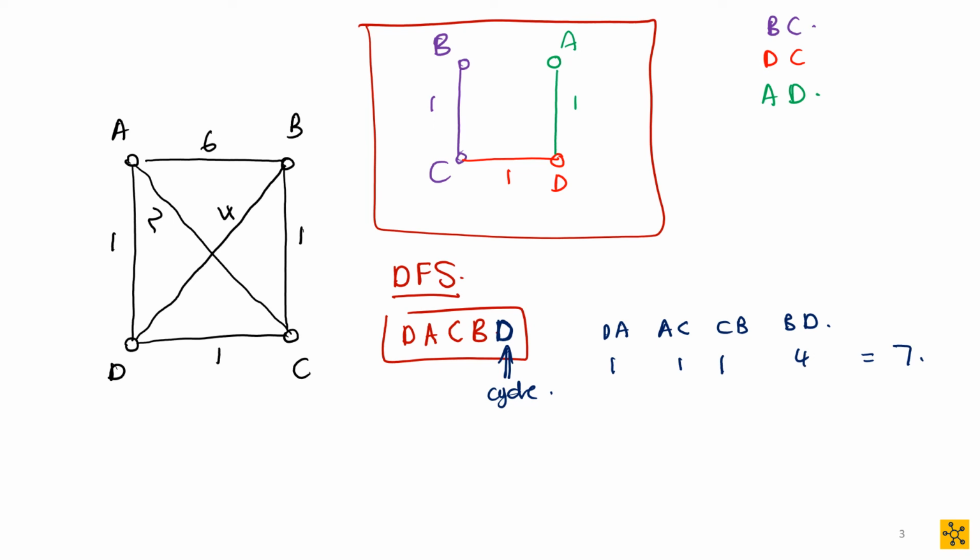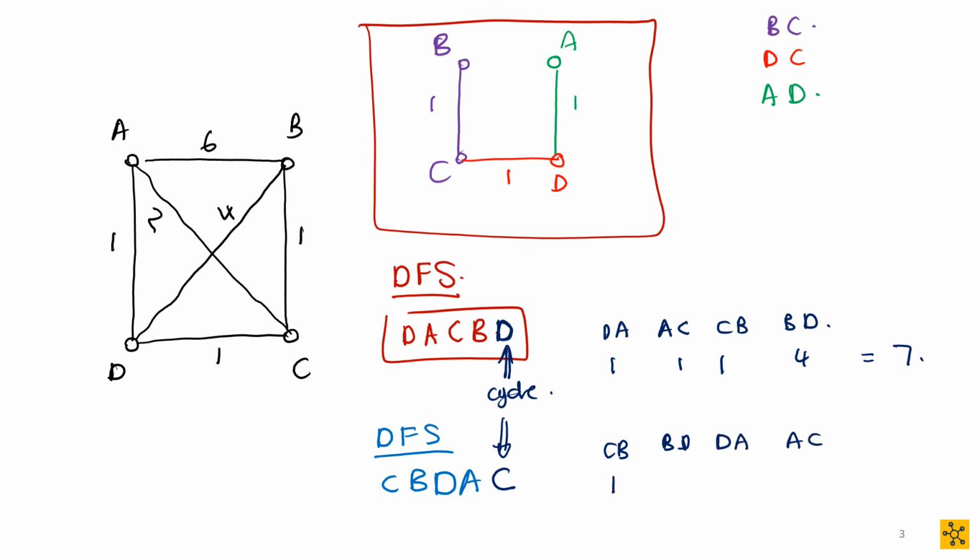We could have also selected a depth first search utilizing, say, C first. So if we utilize C as our starting vertex, we would have had CB, we would have then had CD, and then DA. And we would have added C for our cycle, but then we would have had CB, BD, DA, and AC for our length.